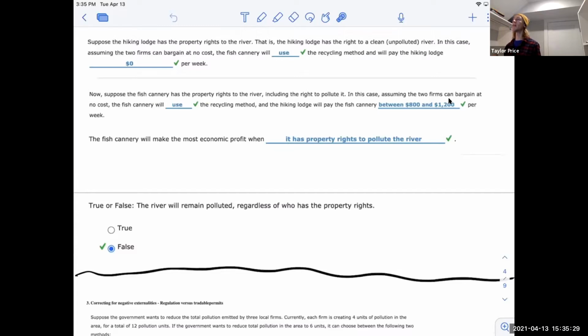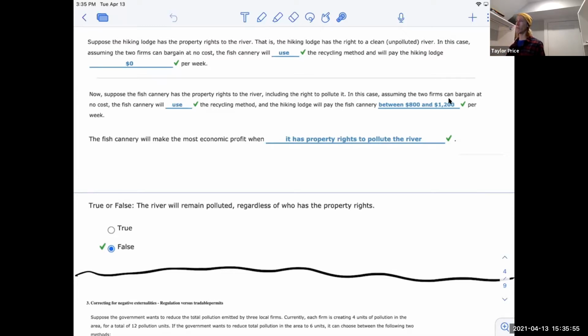So in this case, if the two firms can bargain at no cost, the fish cannery will use the recycling method and will pay the hiking lodge $0 per week, because the hiking lodge has the right to a clean river. If the fish cannery pollutes, they're actually in violation of the law. The hiking lodge doesn't need to get paid by them because they have the rights to a clean river.